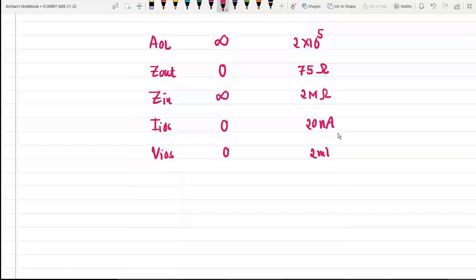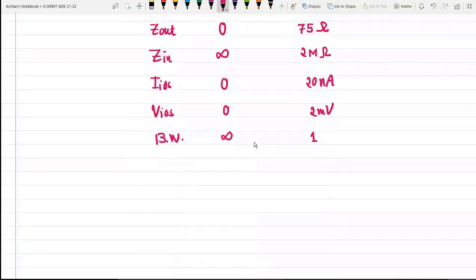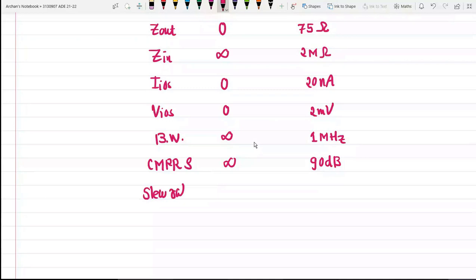Then talking about the bandwidth, it should be infinite, but for IC741 you can use it linearly up to 1 megahertz of frequency. Then common mode rejection ratio for an ideal operational amplifier is infinite, but practically it is 90 decibel. Talking about the slew rate, it should be as high as possible, so the ideal value is infinite and the practical value is 0.5 volt per microsecond.